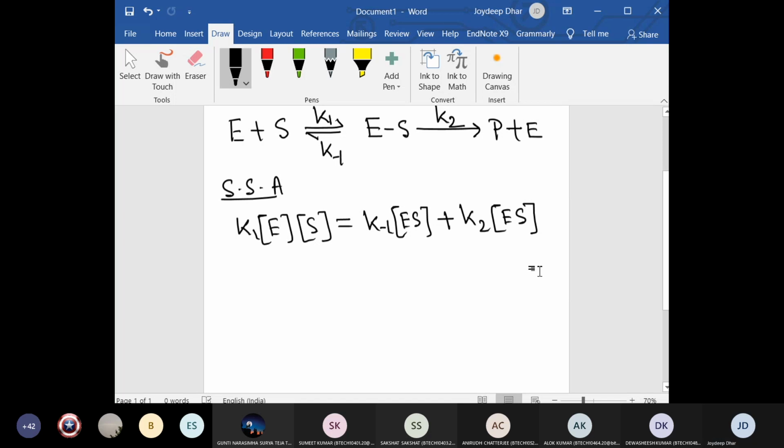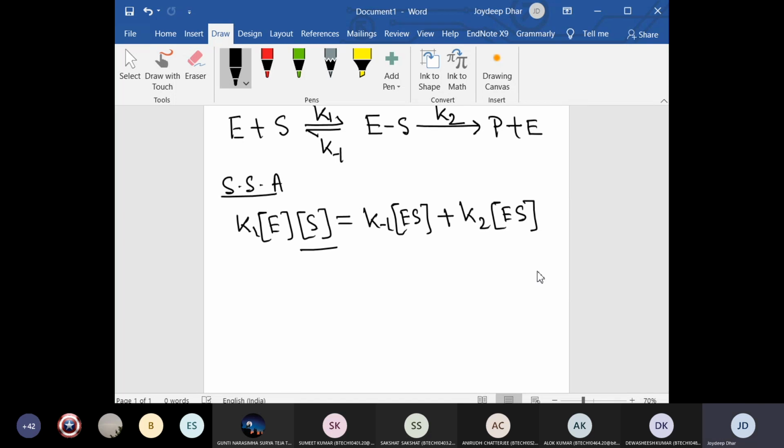Here one thing you have to remember, different from other reactions: S is your substrate, E is your enzyme, ES is the enzyme substrate complex. An enzyme is a large molecule, a protein molecule. So I should have an equilibrium.